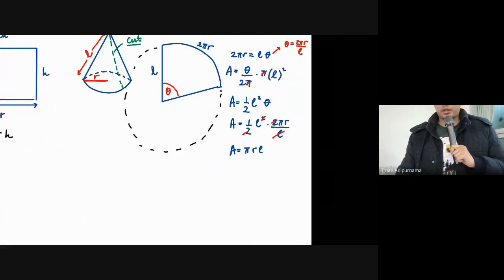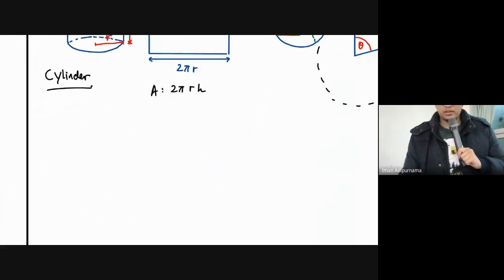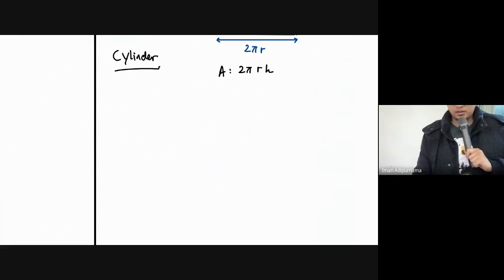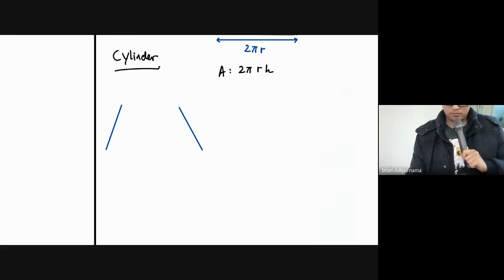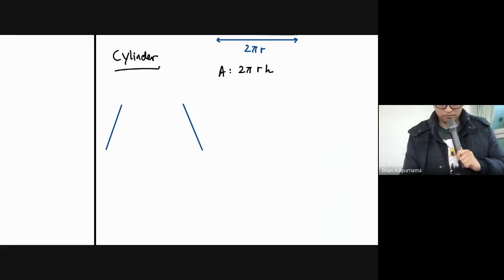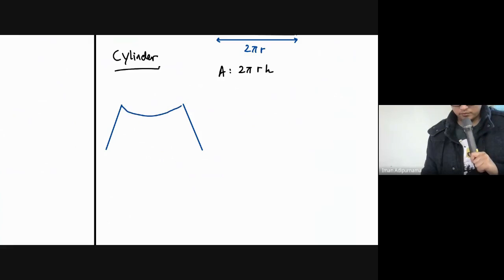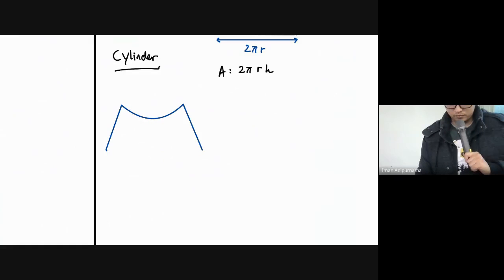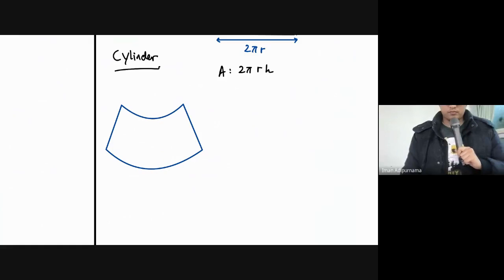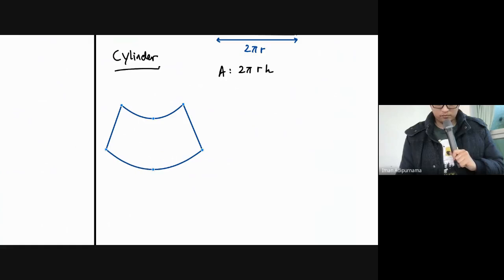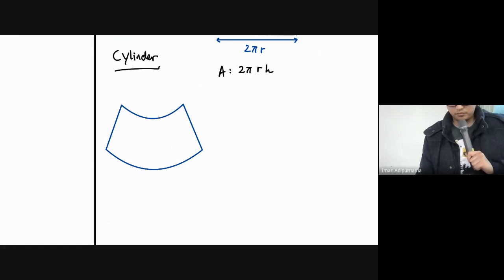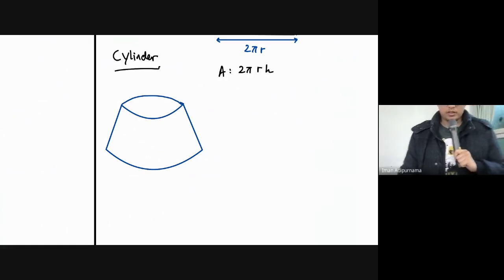Now we have the cylinder and we have the cone. Let me draw another shape. It's called the frustum.